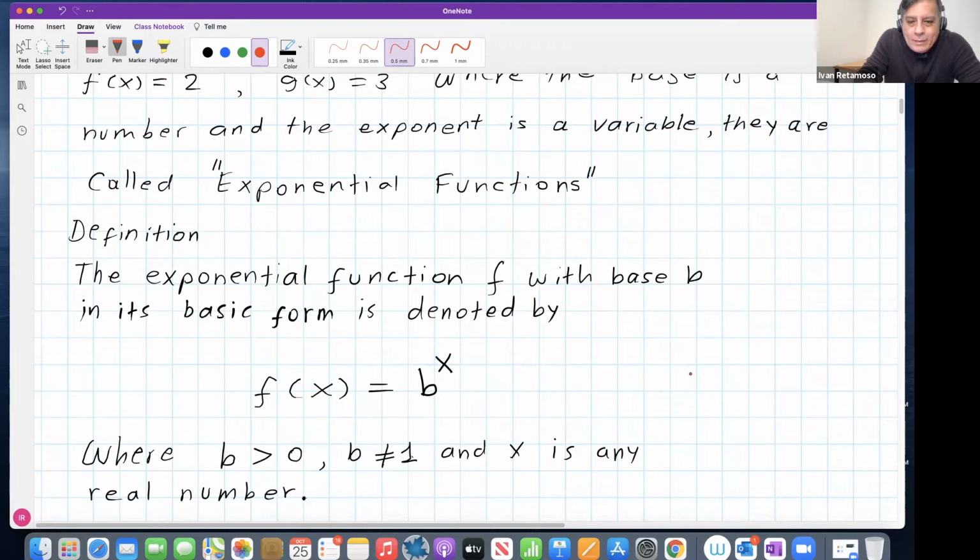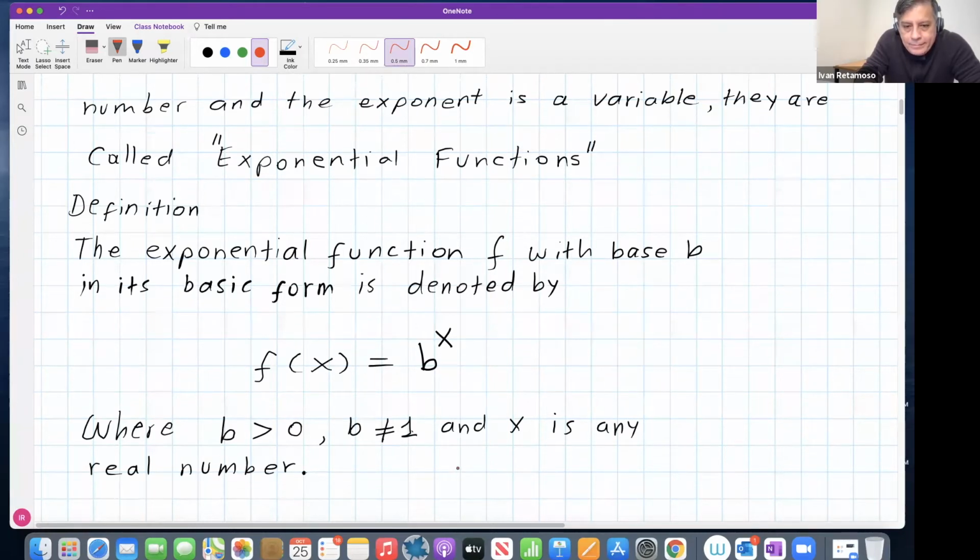You end up with a constant function. We don't want that. And it also cannot be 1, because 1 raised to anything is 1. We end up again with a constant function. We don't want that. So positive, but not equal to 0, not equal to 1. And the exponent x could be any real number, positive or negative. But the base is always positive, not 0, not 1.